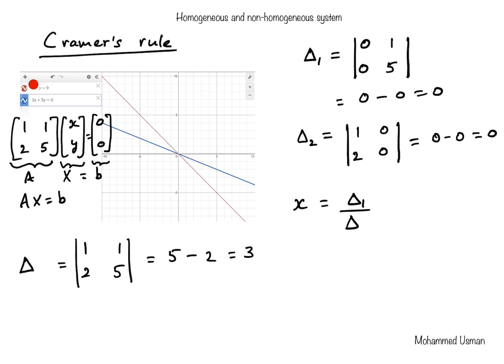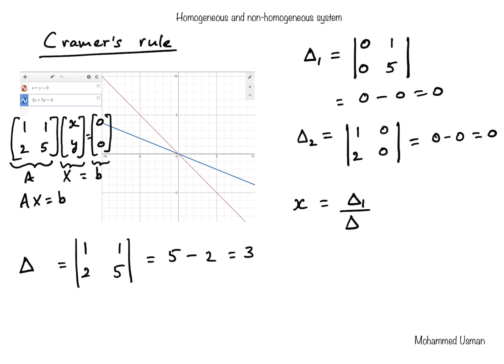This 1 is the coefficient of x in the first equation, and this 2 is the coefficient of x in the second equation. So we removed the coefficients of x and replaced them by the vector b to compute delta 1. Similarly, to compute delta 2, we removed the coefficients of y, 1 and 5, and replaced them by the vector b to get delta 2.